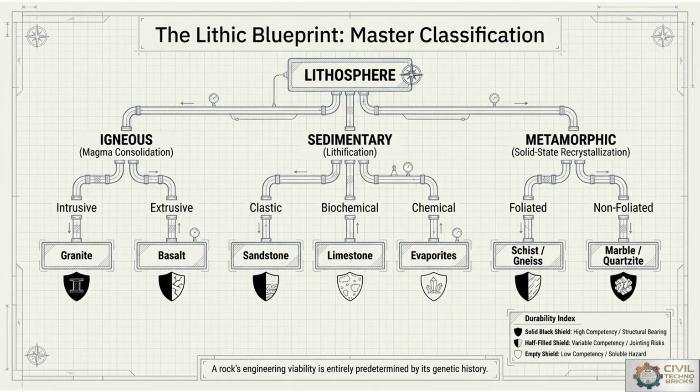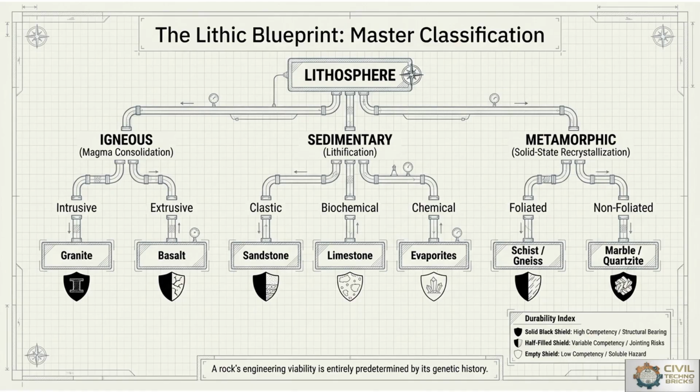From the engineering point of view, each type of rock is suitable depending on the rock competency and weathering resistance. Here granite and basalt generally provide high bearing capacity, whereas soluble rocks such as limestone may present geotechnical hazards.